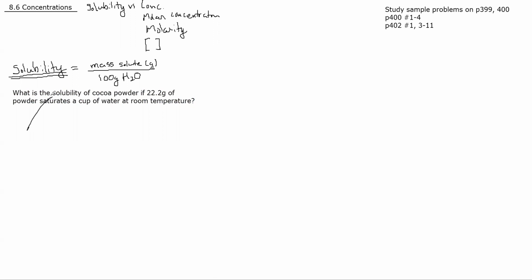In other words, when I ask for solubility, you can automatically assume that I am asking for a saturated solution: the maximum amount per 100 grams of water, if I dissolve 22.2 grams of it at room temperature.